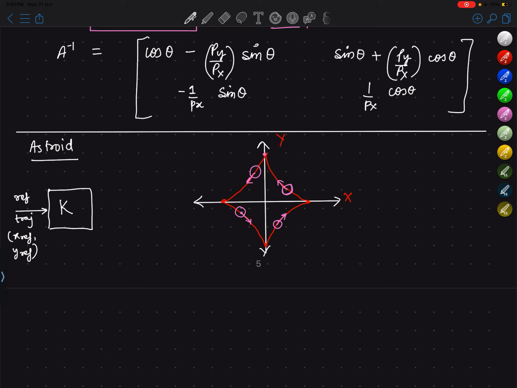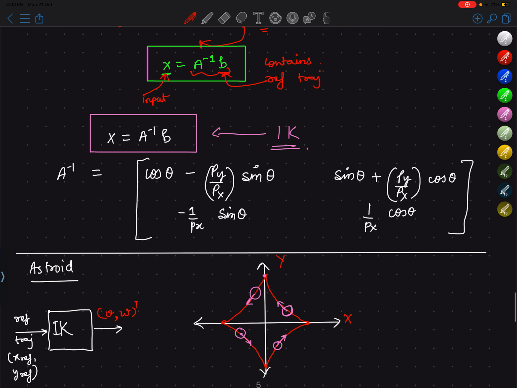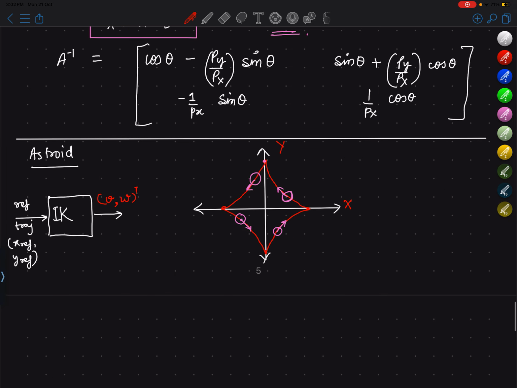This is our IK. It will give you v and omega. So we calculated v and omega from this IK, which are inputs which can be easily converted, as we have seen earlier, to phi r dot and phi l dot. So this is what we'll try to implement in the code.